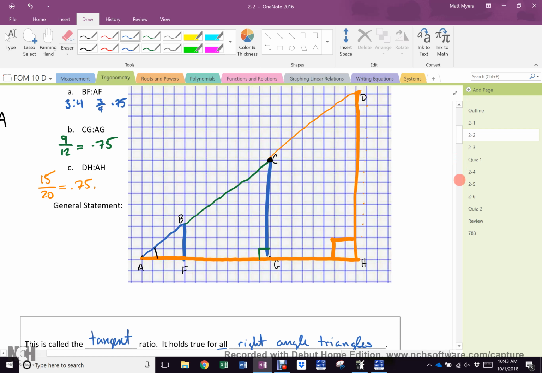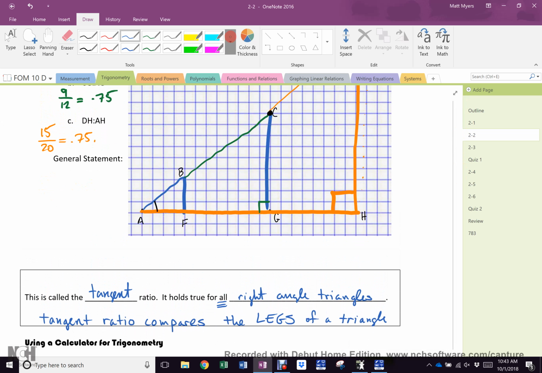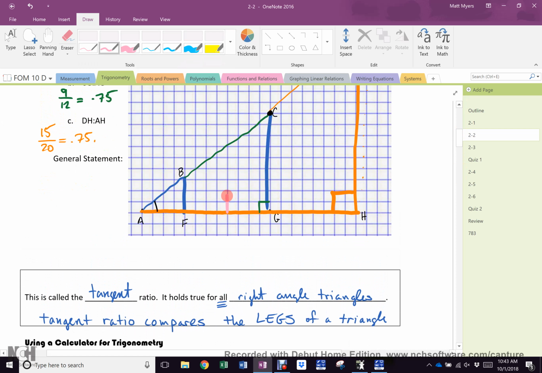What if I put this pink line right here? You know this is 1, 2, 3, 4, 5, 6, 7, 8, correct? Yeah. So you know that the pink x over 8 has to equal what? 0.75.